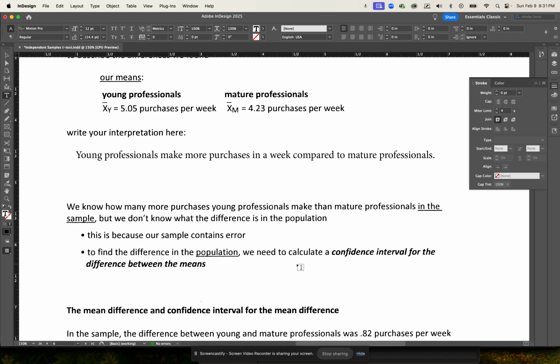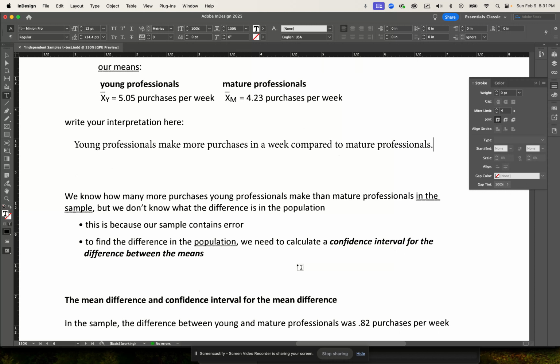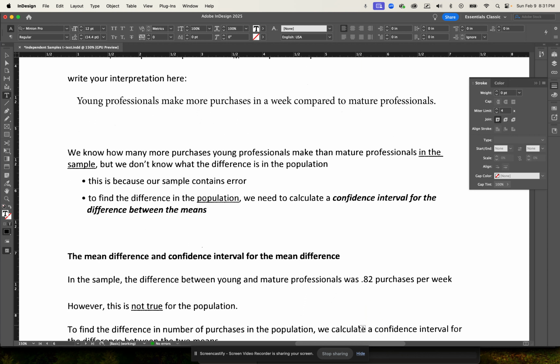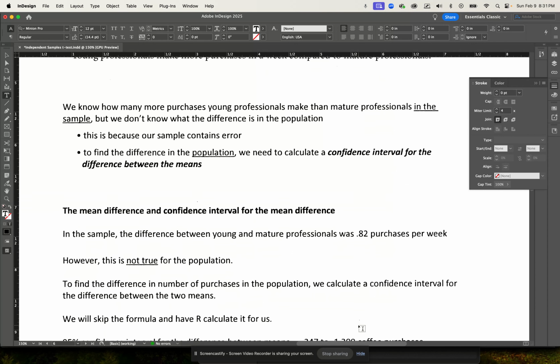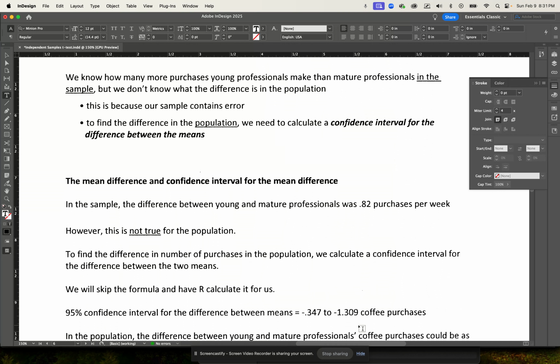And we can get the difference from the sample by simply subtracting 4.23 from 5.05. So that's where 0.82 comes from. But that's the sample. So we need to find the confidence interval, and we're going to skip the formula because, right, we got statistical software for that purpose. So when we run it through R, this is what we get. 95% confidence interval for the difference between means.